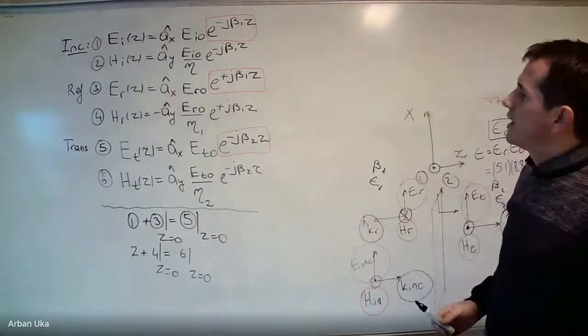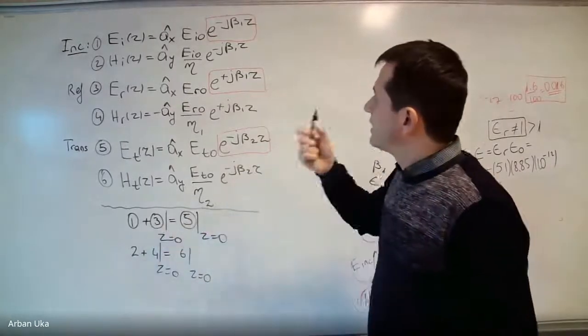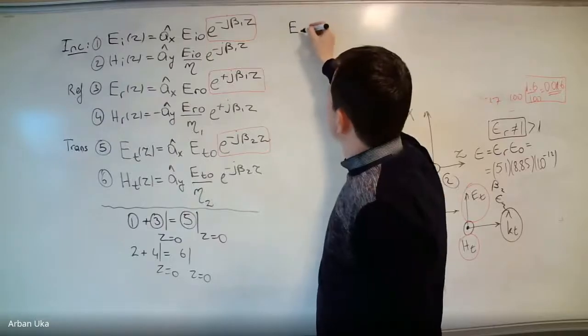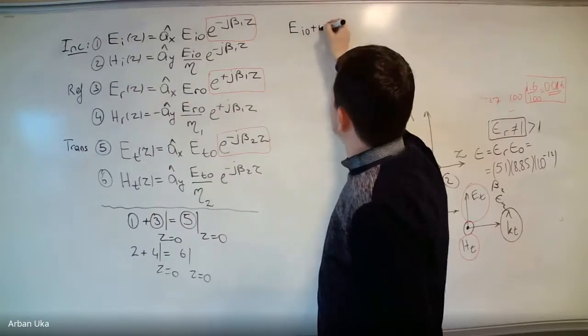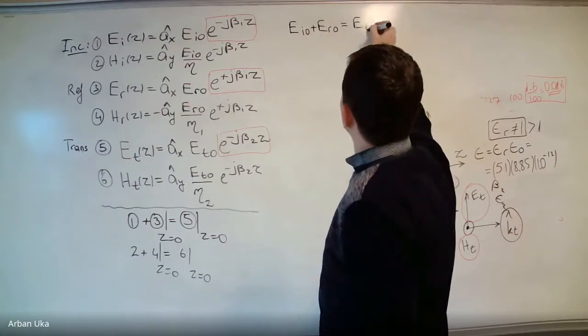But I believe this is relatively easy, because now we have 1 plus 3 is equal to 5. We cannot factor out E, but we can do this: EI0 plus ER0 is equal to ET0.